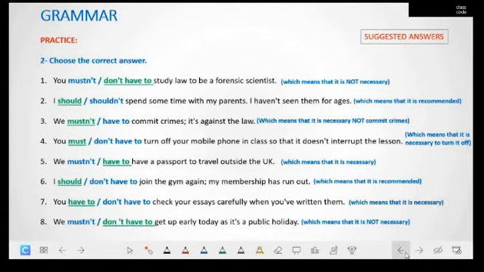You have to check your essays carefully when you have written them, which means that it is necessary. Number 8, we don't have to get up early today as it is a public holiday. So this means that it is not necessary.